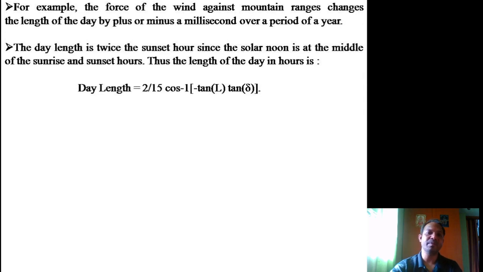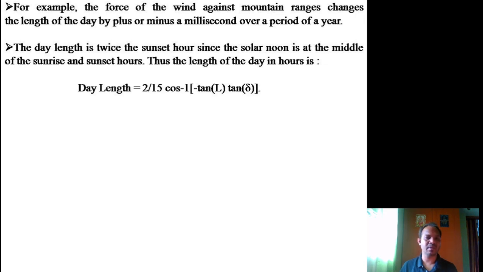For example, the force of the wind against the mountain ranges changes the length of the day by plus or minus milliseconds over a period of a year. Now, the wind blowing against the earth surface: the earth has variations in peaks, and it also has a mixture of greenery, dry land, and even water. Most of the earth is covered with water.